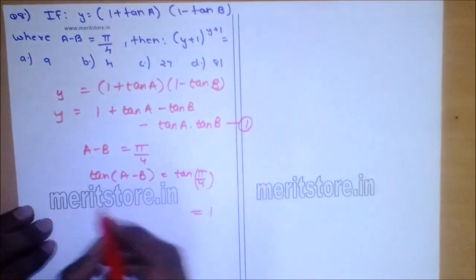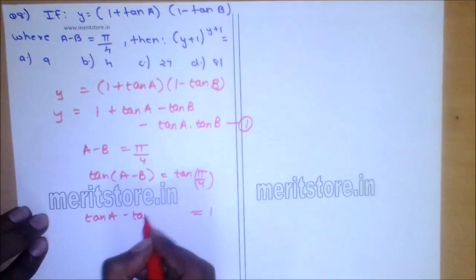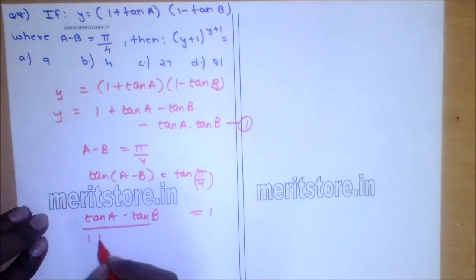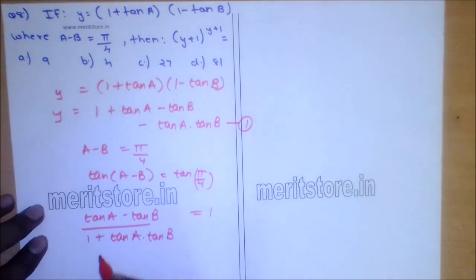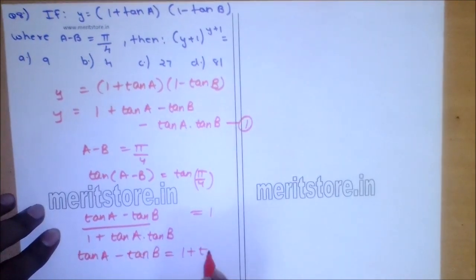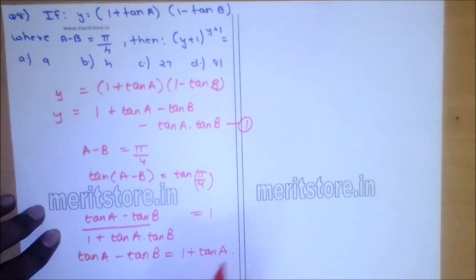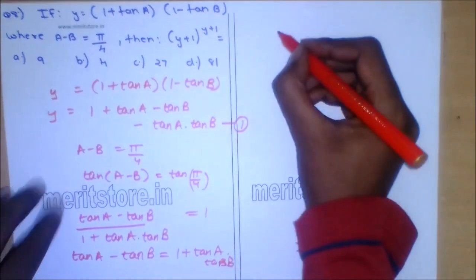Tan A minus B is tan A minus tan B upon 1 plus tan A tan B. We rearrange the terms, we get tan A minus tan B equals 1 plus tan A into tan B. We shift everything into LHS.